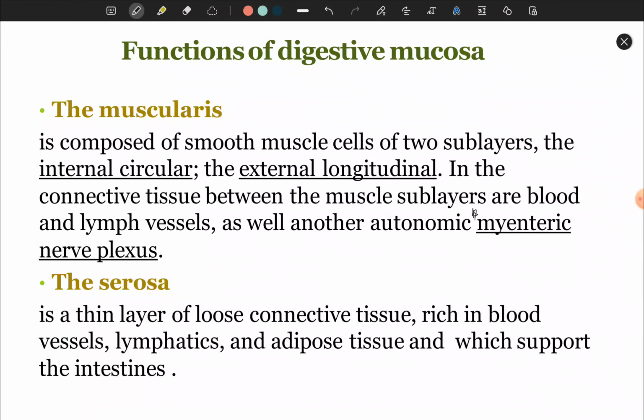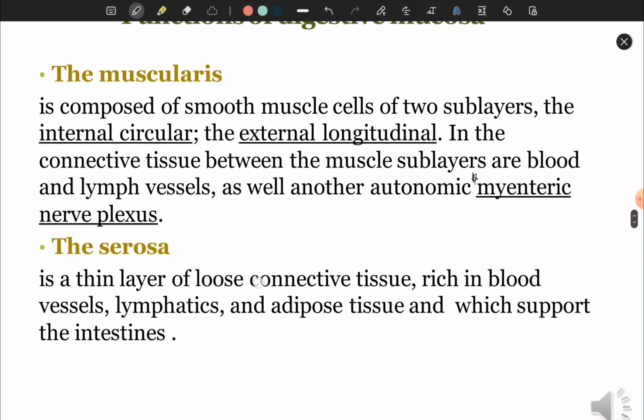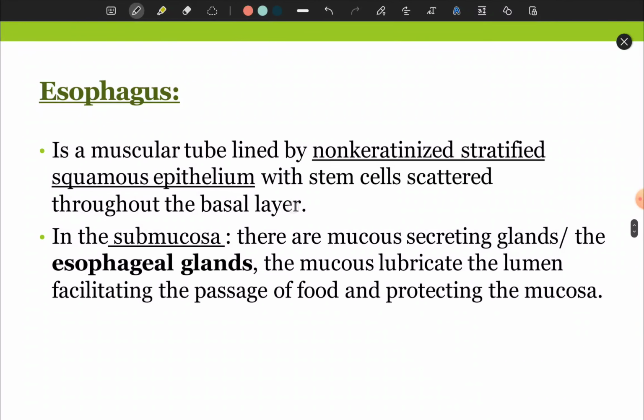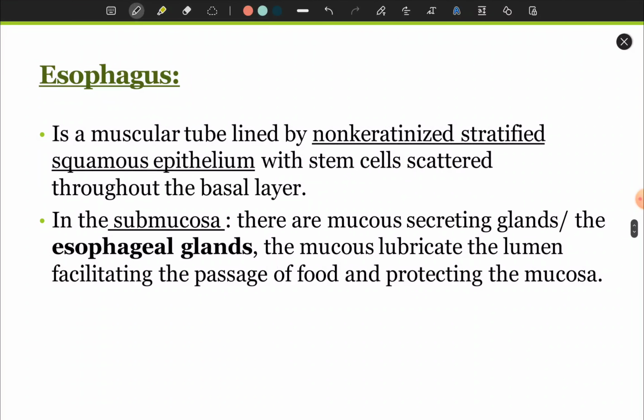Regarding the esophagus, it is part of this muscular tube, which is the GI tract. The lining epithelium of the mucosa is, of course, the non-keratinized wet type of stratified squamous epithelium.